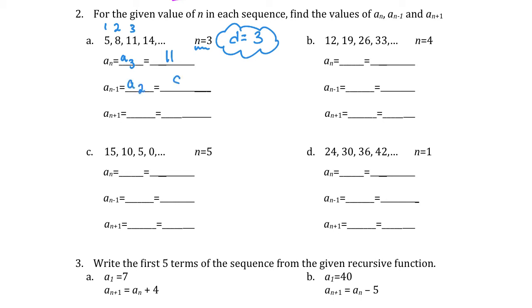The second term here is 8. A of n plus 1, n was 3, so that's going to be a sub 4, which is the 4th term, and that's 14. And if you notice, I just said a of 4. That is another way to see that. Instead of a sub 4, you can see it either way.